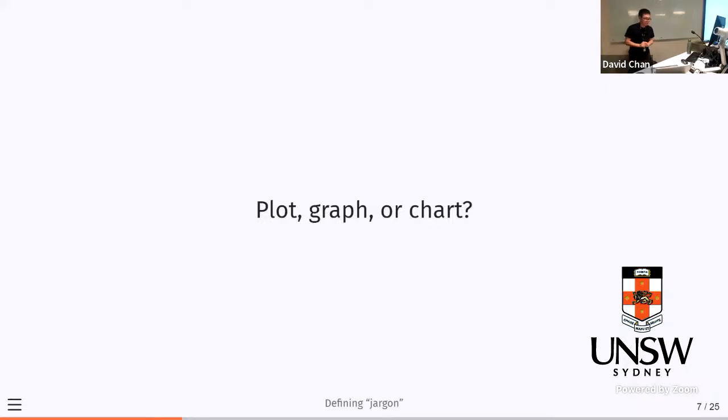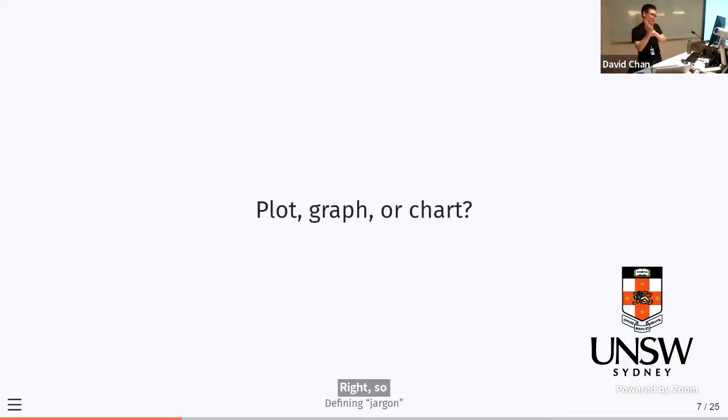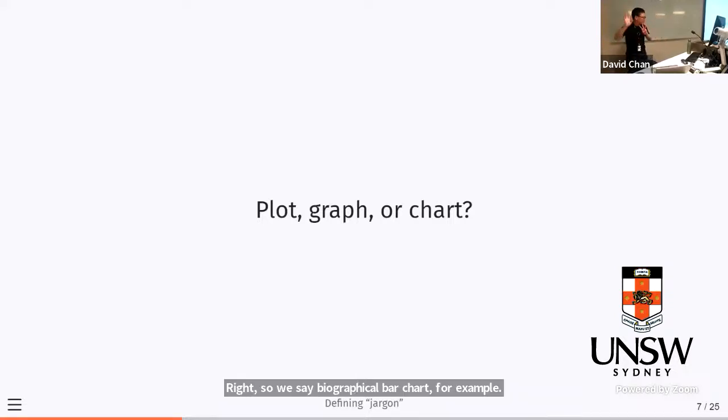One of my ex-colleagues says that in the New Zealand context, we like using the word plot a lot. So that's why you see me defaulting to plot. But bar plot doesn't sound quite natural, right? So we say bar graph or bar chart, for example. We use these three words interchangeably a lot. And if you see me swapping between them, I'm talking about the same thing, a visualization of data.